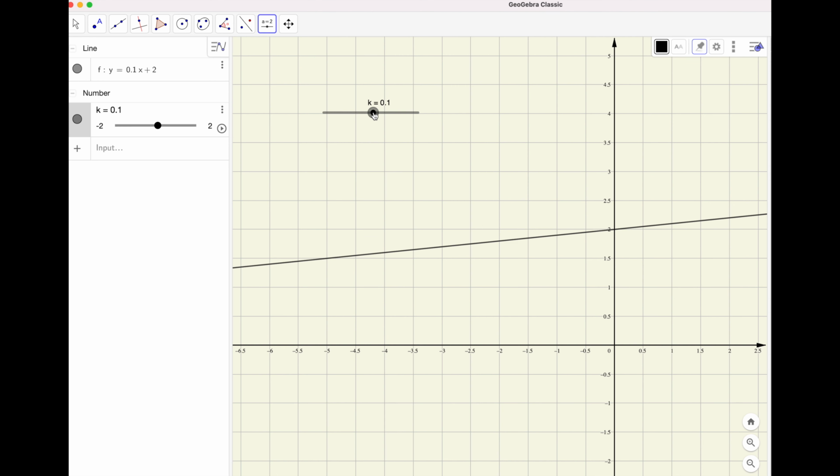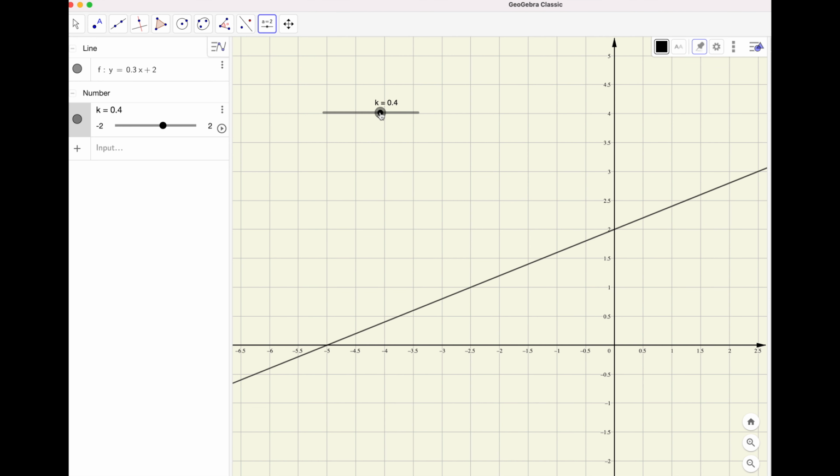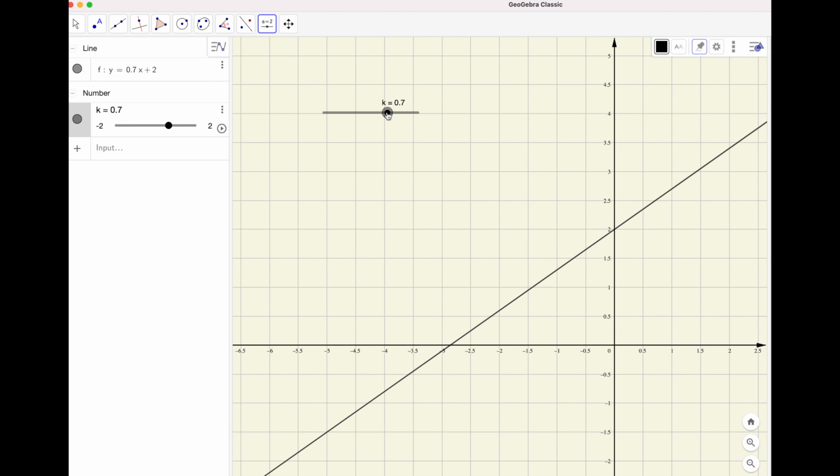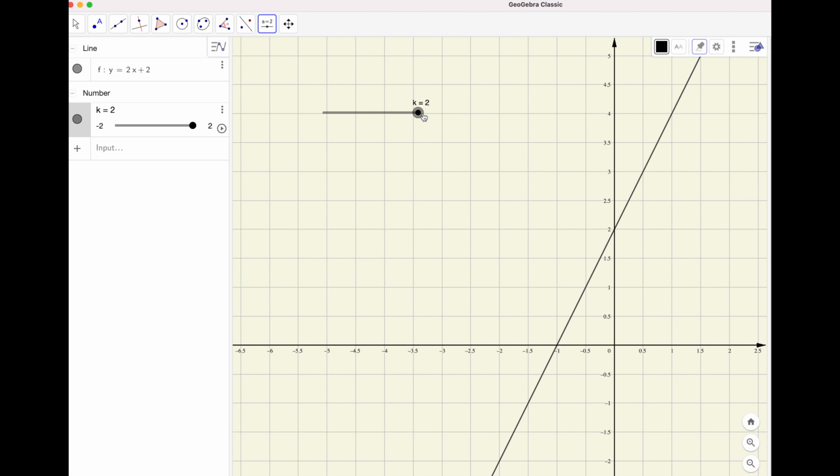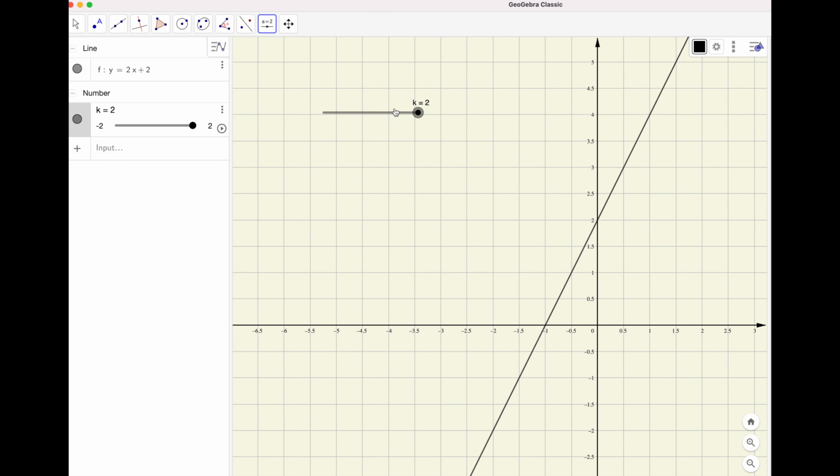I start increasing K, you see that this is getting closer and closer to vertical direction. Okay, and then unfortunately up to 2 I stop. But what is your prediction? Can I increase this interval to bigger numbers so that I make this line vertical at some point?